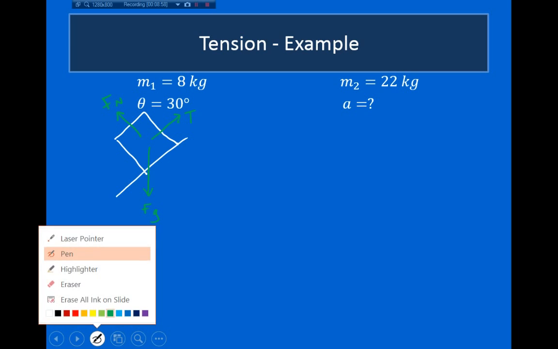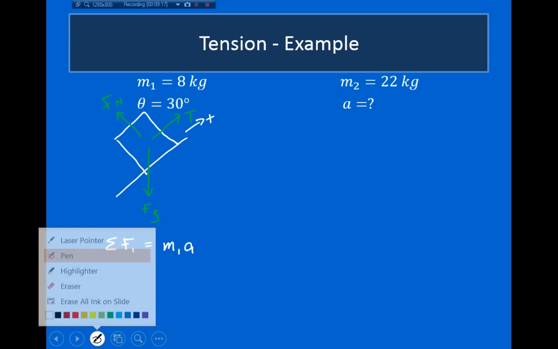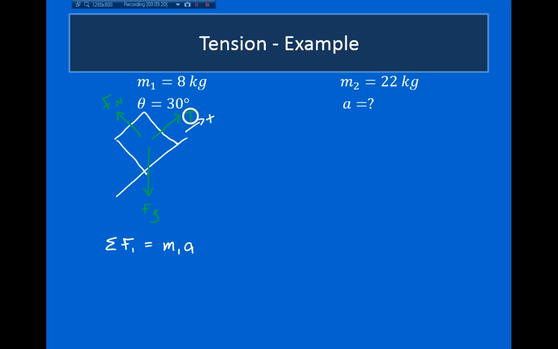So all I want to do is find the forces that point in this positive direction here. The sum of my forces acting on M1 in this direction is equal to mass 1 times acceleration. And for the sum of the forces acting in this direction, there are two forces. Tension is parallel to the positive direction, and then I have a component of the force due to gravity, this component right here, that opposes the motion of the block up the ramp.